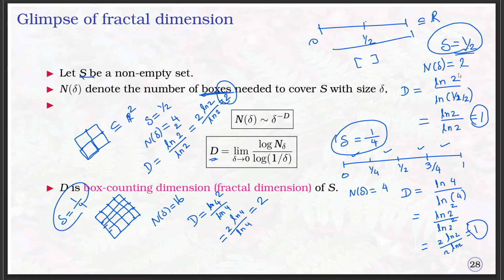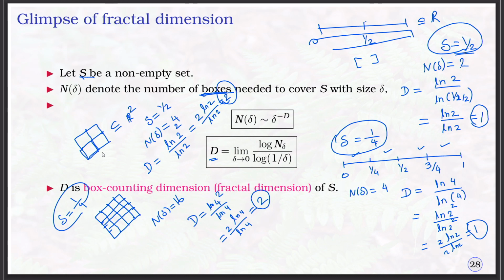That means for finding the box counting dimension of this unit square, whenever this delta is changing, it is invariant with respect to delta. The same pattern follows in R power 2 also. So, if you are taking any regular object in R power 2 and finding the box counting dimension, it is equal to 2.